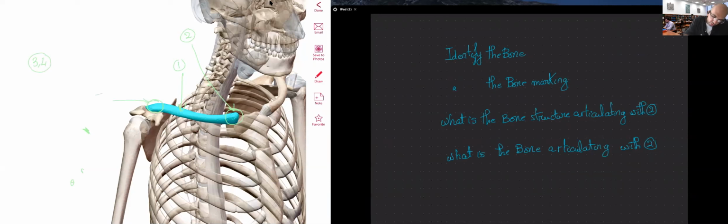Number 5 on here, identify the marking. For 6, I'm asking what is the bone structure articulating with 5?